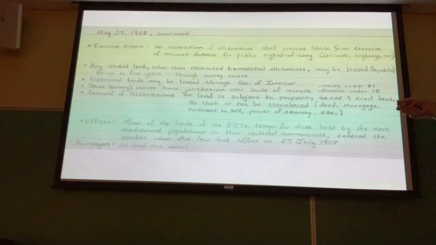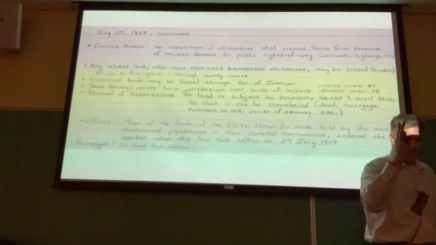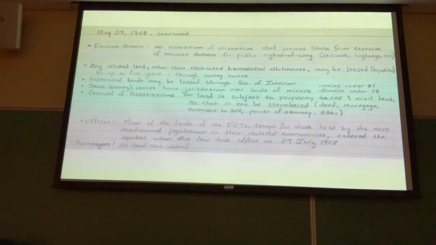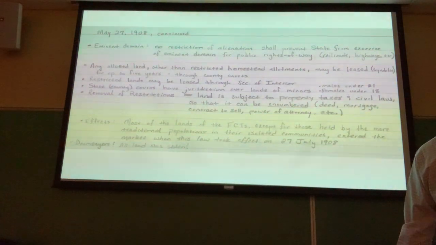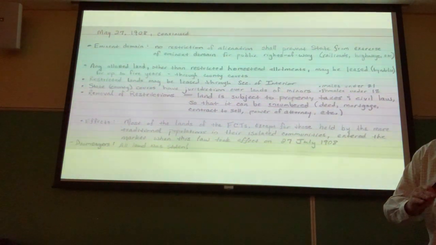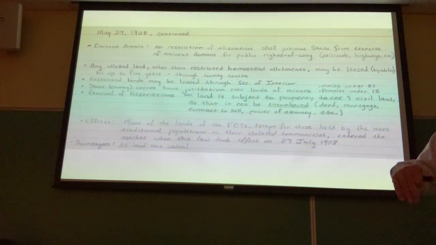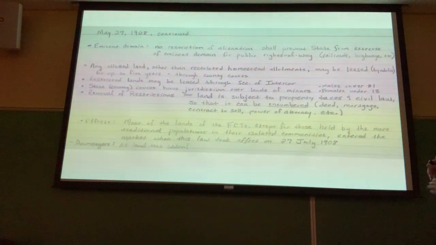Because of the need for public works, there was no restriction on the alienation of land if it were needed by the state to establish a right of way or something. So in other words, if there were any public needs for the land and there was a restricted allotment, too bad, okay? You couldn't divert the movement of a railroad or a public road of some sort by having a restricted allotment in it.